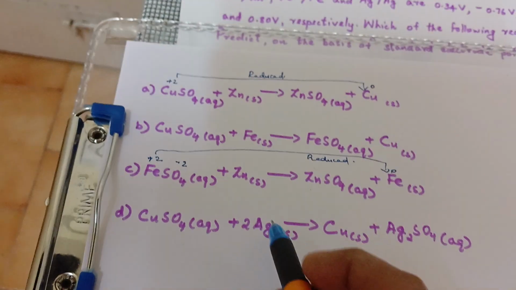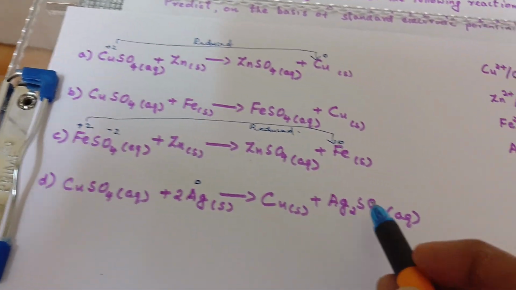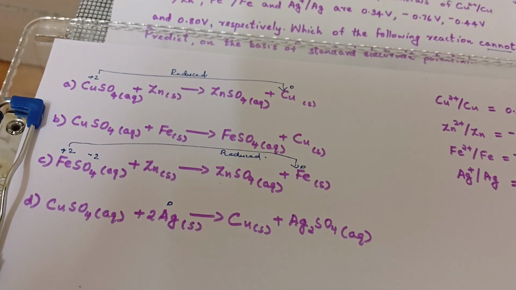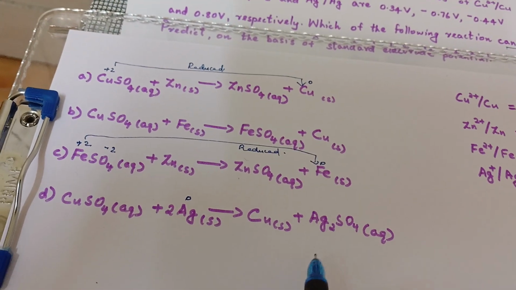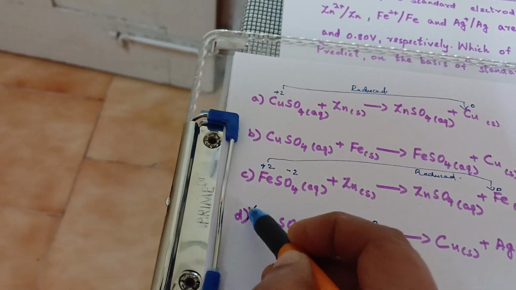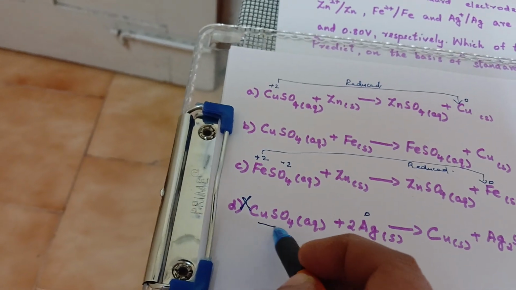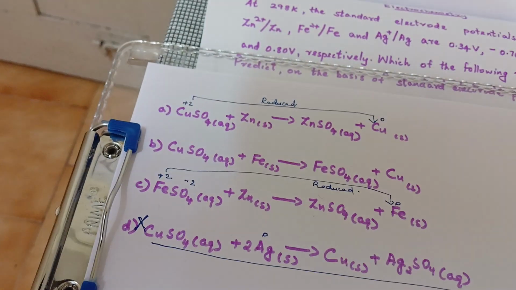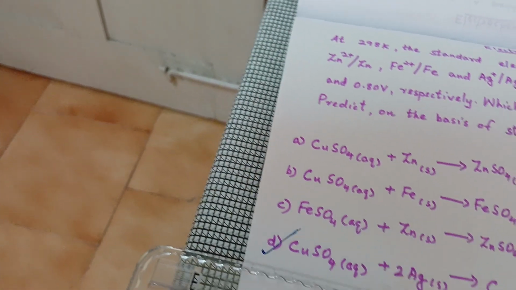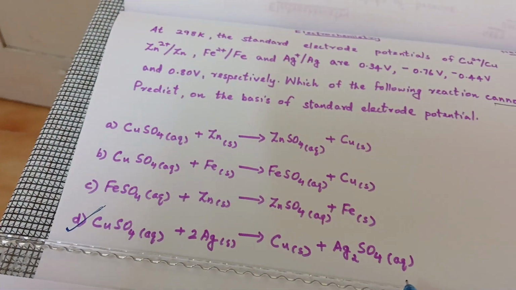Here silver is in its zero oxidation state. What about here? It is becoming plus 1. So it is getting oxidized. So this cannot happen. That is option D. That is the reaction which cannot take place. Option D is the correct choice.